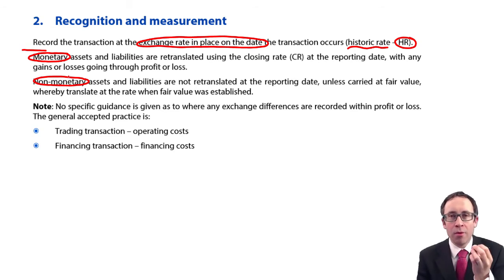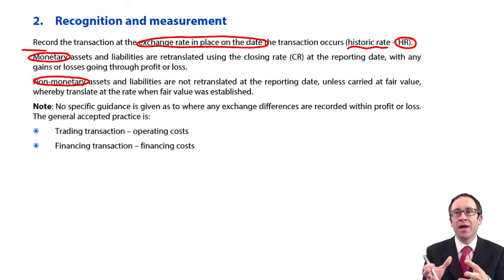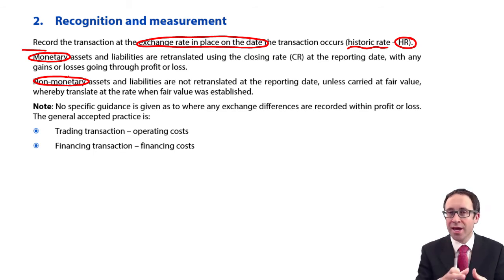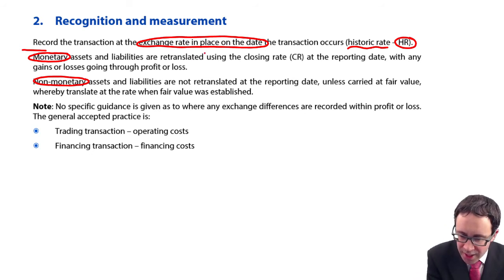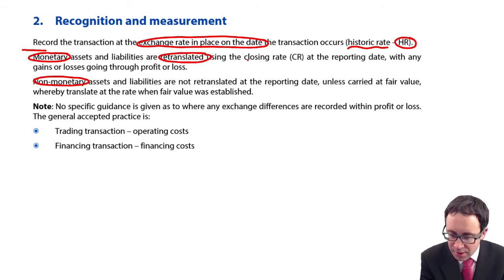The key thing with your monetary items is that when you've identified them, because they can be readily converted into cash, that will mean that their value of being able to be converted into cash will change as the exchange rate changes. So what we go through and do there is monetary assets and liabilities are retranslated.